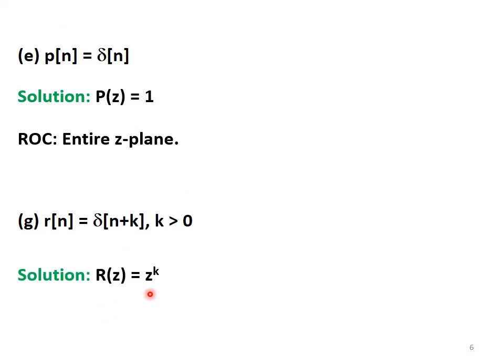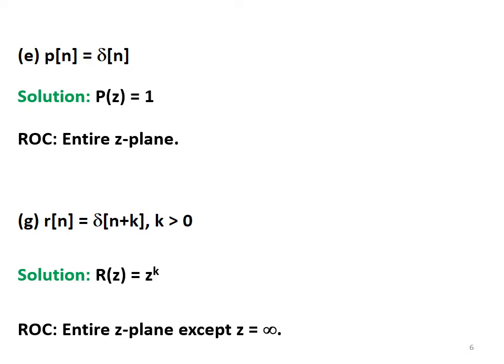So we can write down the Z transform R of z equal to z power k, and this sequence has a finite value for all values of z except z equal to infinity. When z is infinity, R of z is infinity, otherwise R of z is a finite value. So the region of convergence is the entire z plane except z equal to infinity.